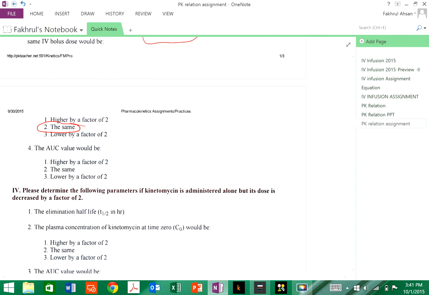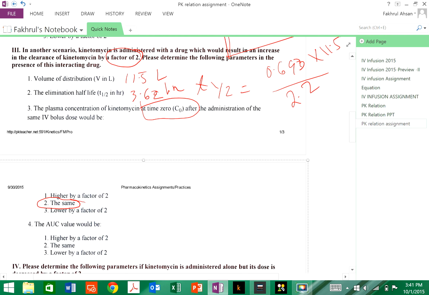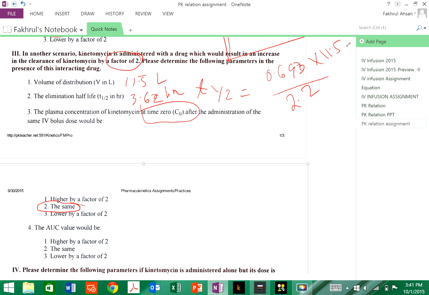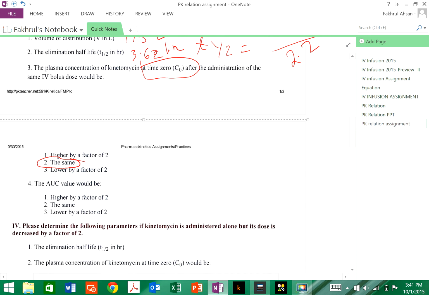Then the AUC value would be higher by a factor of 2, the same, or lower by a factor of 2. So in this case AUC is going to be lower by a factor of 2.